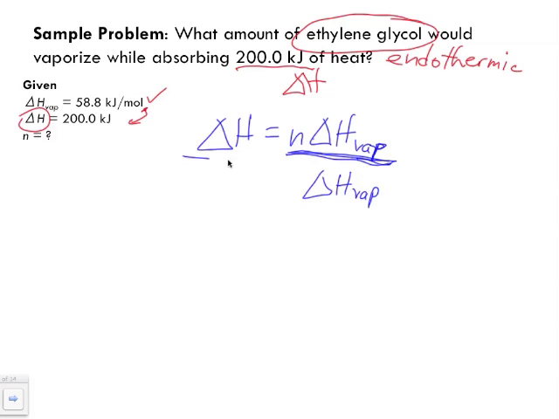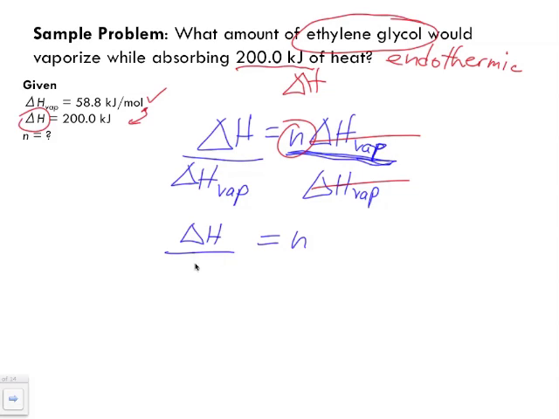What we do on this side, we have to do on this side: divide by delta H of vaporization. This cancels out, leaving us with just our n value. So we're left with n equals delta H over delta H of vaporization.